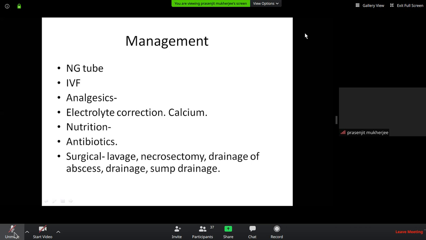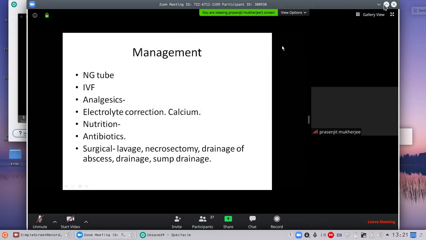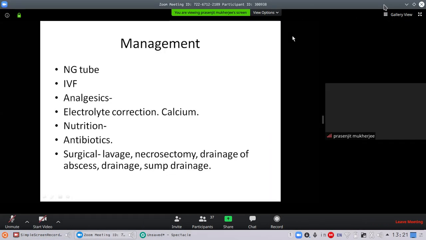Whenever possible, if the GI tract is functioning, you give fluid and liquid diet through the oral route. Because in severe acute pancreatitis, if it persists for more than weeks, the GI tract may not be functioning. In that case, you have to arrange for total parenteral nutrition. But remember, the enteral route is the best route for nutrition.